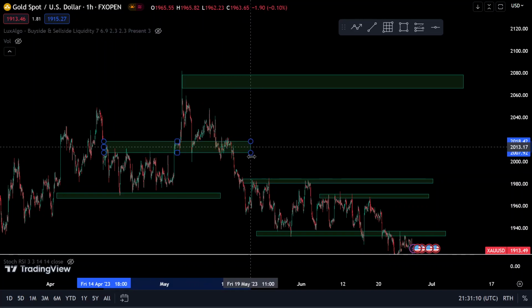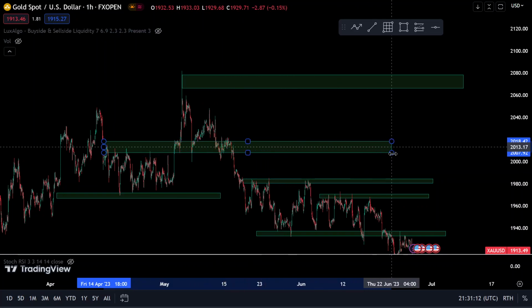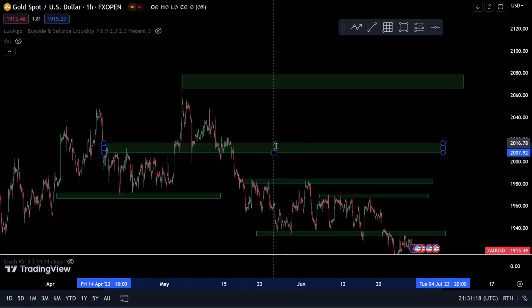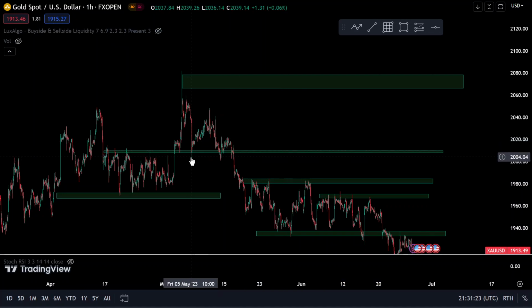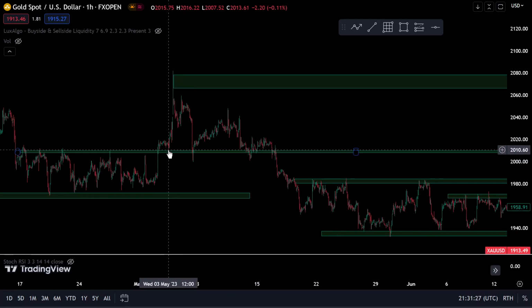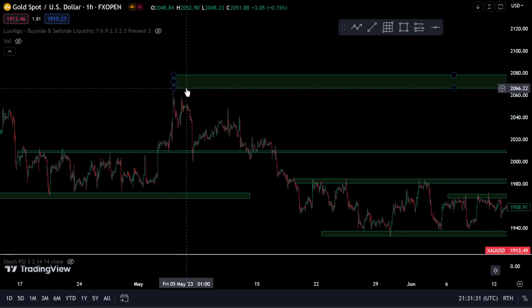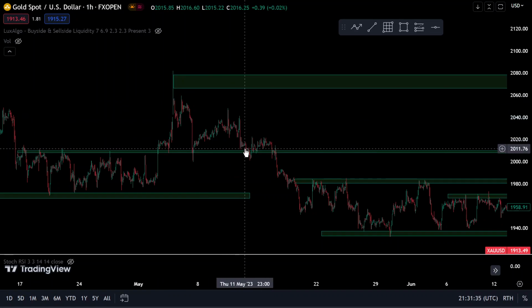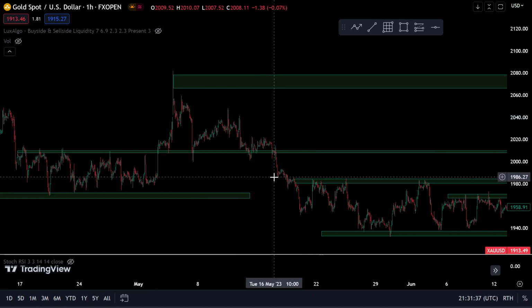As you can see, this zone can also become a support zone. As price came, it tested here as a support, came up, tested here as a support again, came, tested as a support, and finally broke as a resistance.